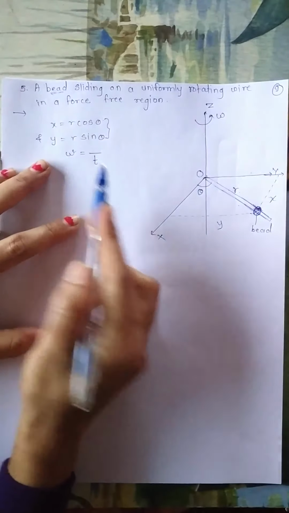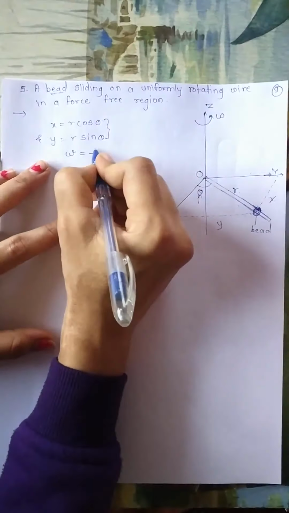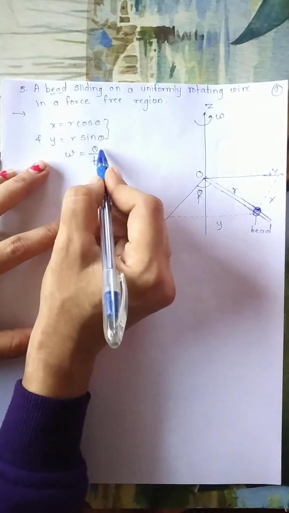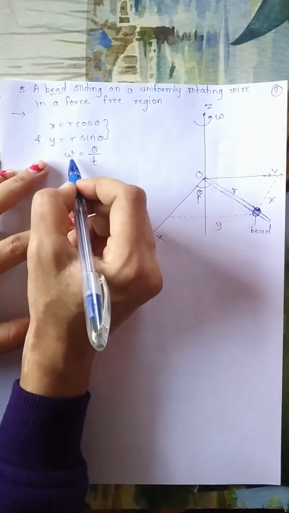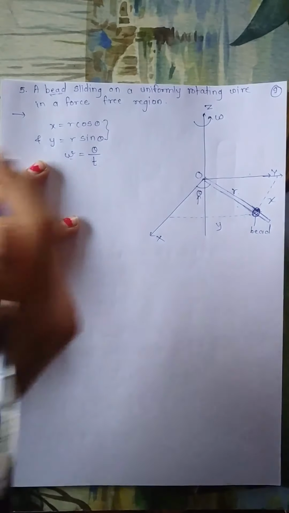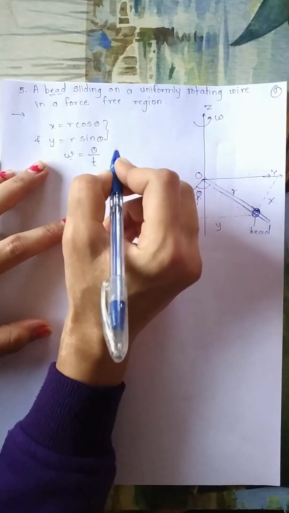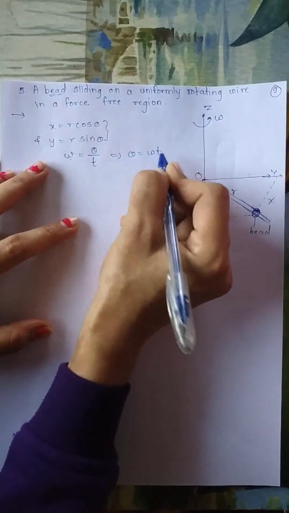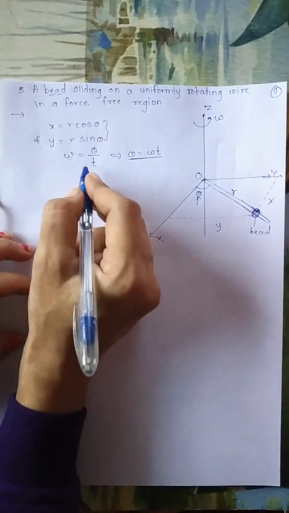So the angular velocity will be the angular displacement, given by theta, upon t, that is distance upon time. That distance is angular, therefore the velocity is angular velocity. So the angle of rotation theta of the wire is given by omega t. In the book they have directly written this, so I have explained how it comes to be.